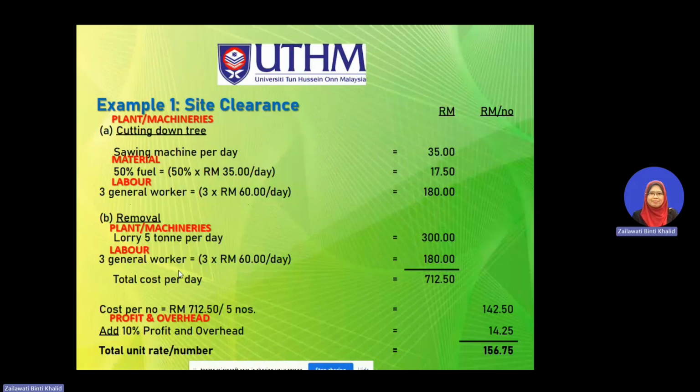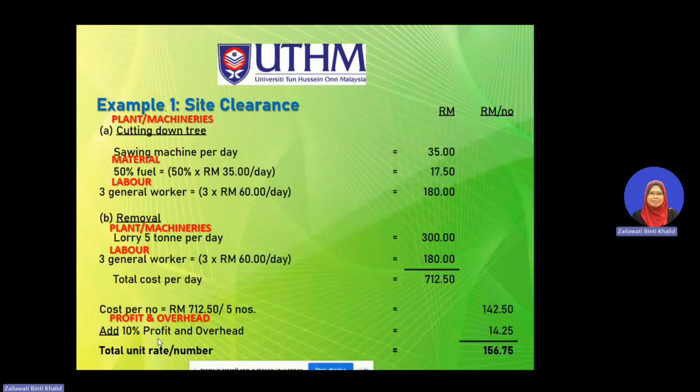So the total cost per day is 712 ringgit 50 cent, which we total up from cutting down trees and removal. Therefore, for the cost per number, we divide by 5 numbers, so we get 142.50.